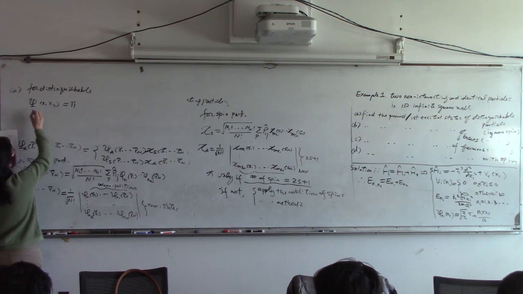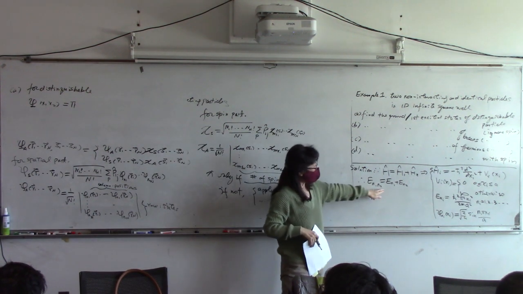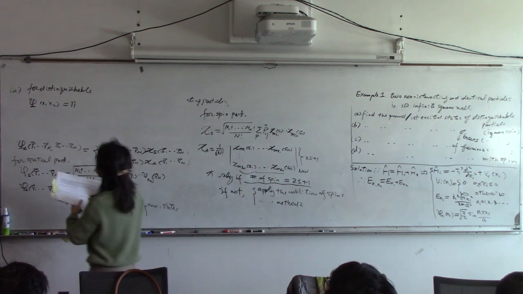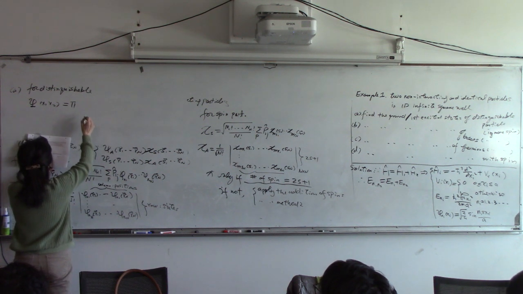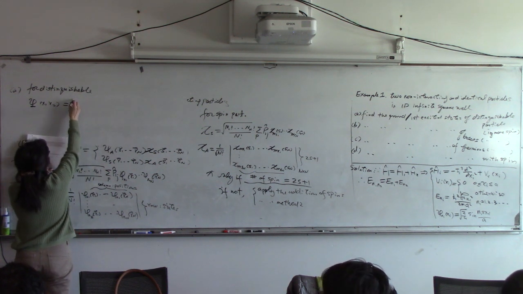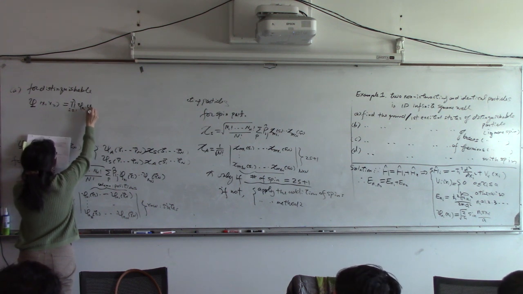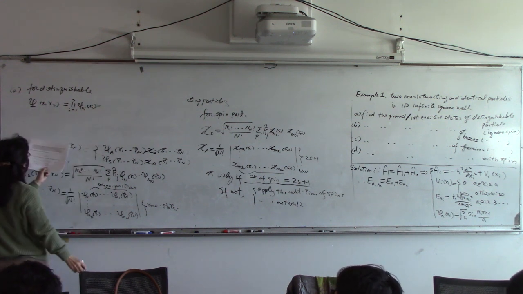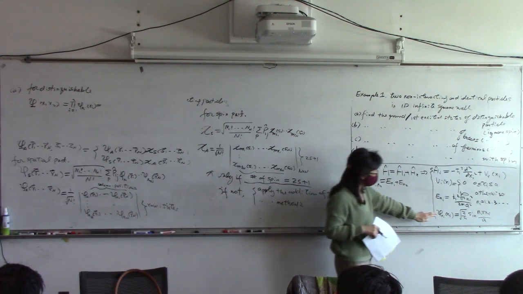Since this is non-interacting, the total wave function is just simply the product of each individual wave function, i from 1 to 2, psi_n_i(x_i).